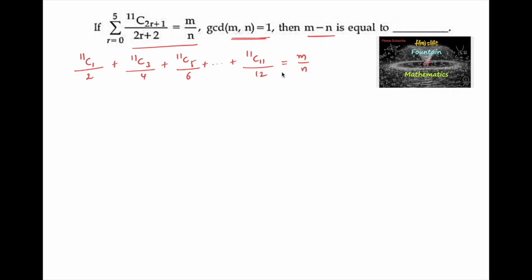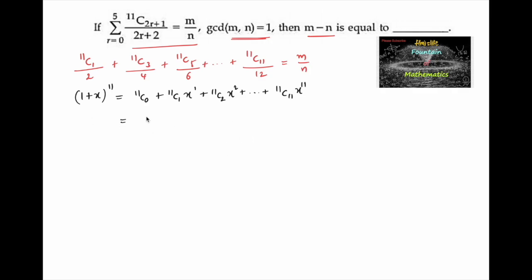So to get this one, let us consider (1 plus x) whole to the power 11, which is equal to 11C0 plus 11C1 x power 1, plus 11C2 x to the power 2, and so on, 11C11 x to the power 11.